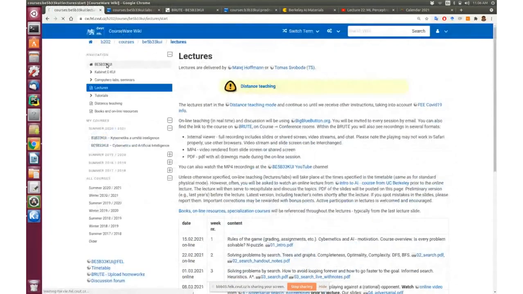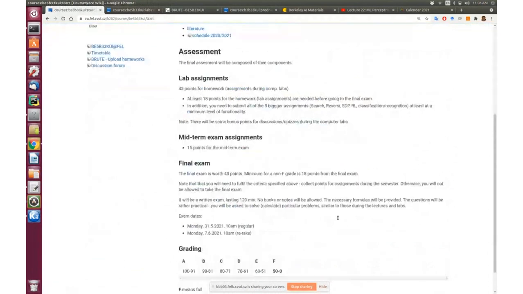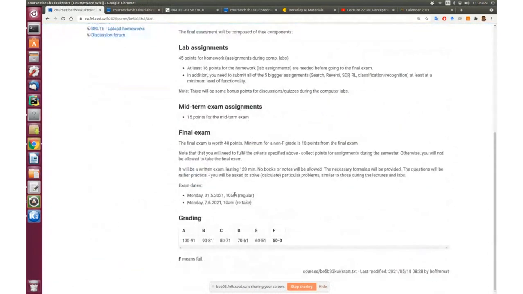Now, for the exam, the tentative dates I told you about last time have now been approved, and it's in sync with all the other subjects. The regular exam date is the 31st of May, and one week later, there will be the date where we allow you to retake it if you failed on the first date.